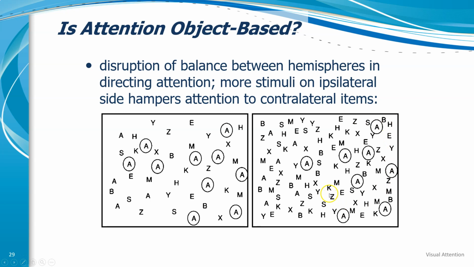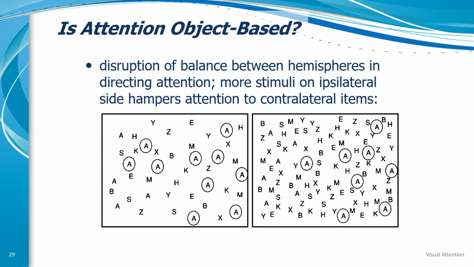Again, the task is to circle the A's. They get lots and lots of the A's on the right side, but look at the left side now. They only got one of the A's on the left side. There are so many other things competing for their attention on the left side that their attentional system is kind of overwhelmed. It's distracted by all the other letters, and they do even poorer in this second task.